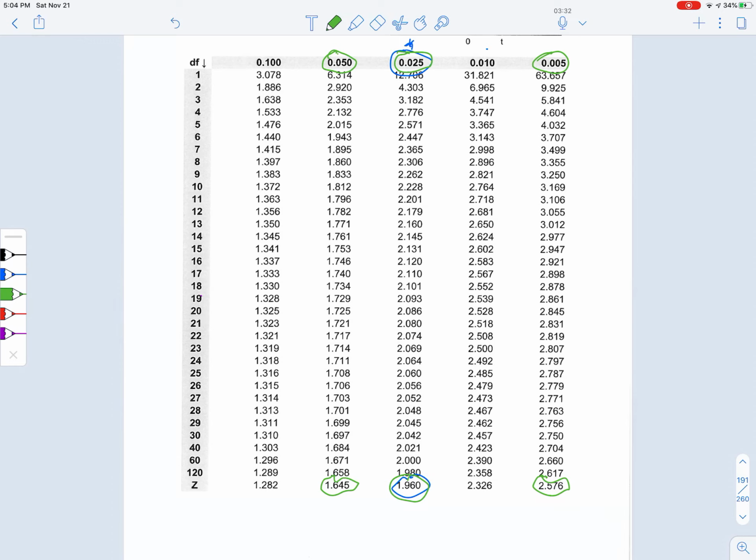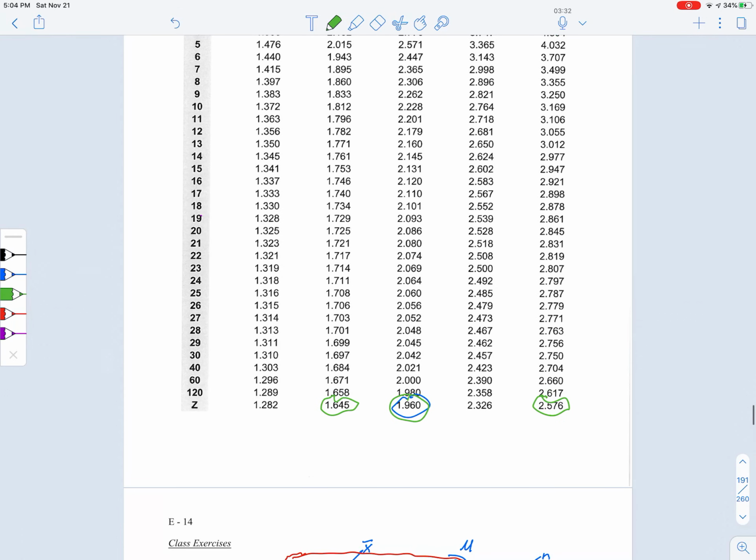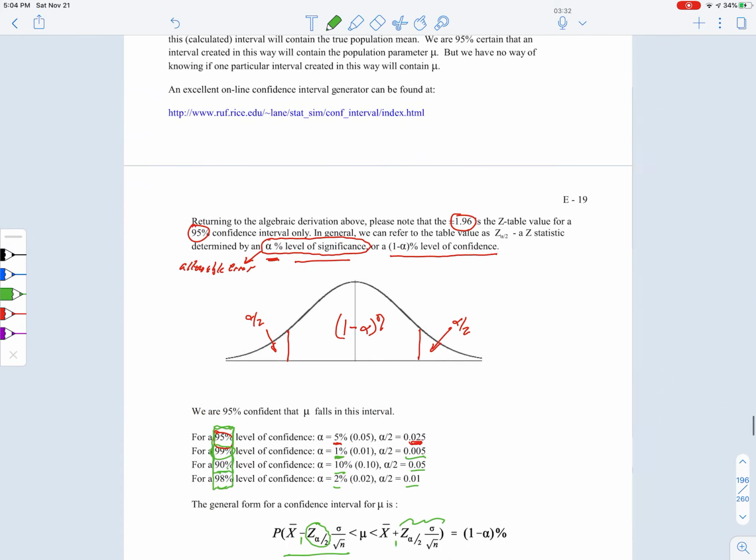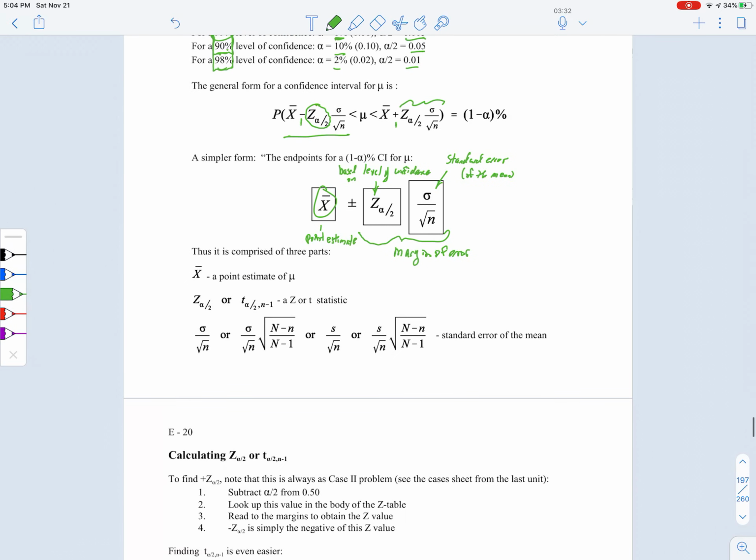You'd find the same numbers on a Z table. A bigger number like 2.576 is bigger than 1.96, so that gives a bigger margin of error when you stick it into the formula.